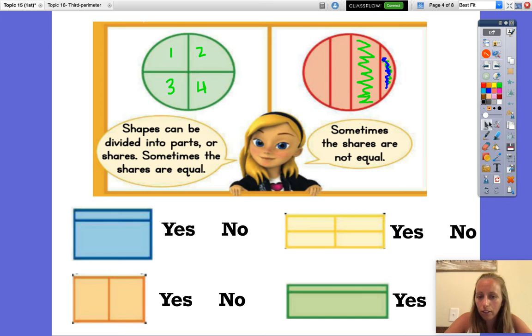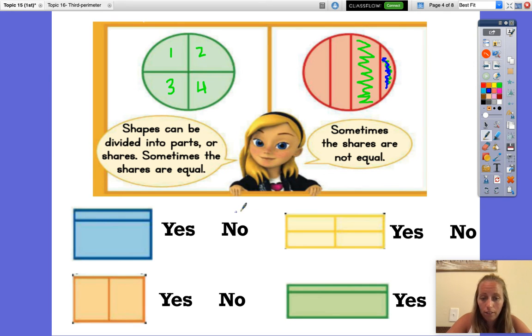So let's take a look at the rest of these shapes and let's talk about if they are equal and if they are not. And if they are equal, we can talk about how many equal parts there are. This blue shape, I see 1, 2 parts, but are they the same size? I think this part is a lot bigger than this tiny little piece up here, right?